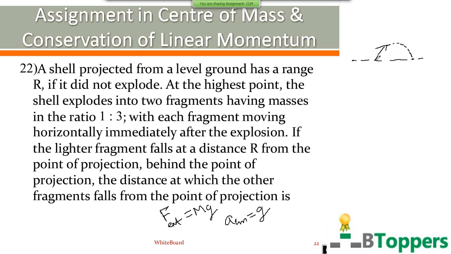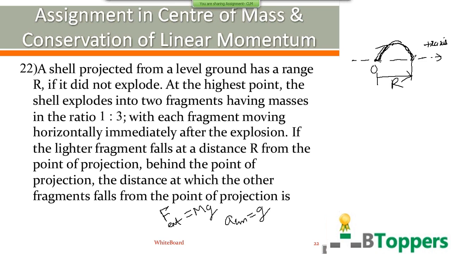If the shell does not explode, then it moves in a parabolic path under the influence of gravity and covers a horizontal range R. I choose the horizontal direction passing through the point of projection as the x-axis. Even if the body explodes due to the internal forces, the different parts may move in different directions, but the center of mass of all the parts continues to travel along the same parabolic path along which the unexploded body would have traveled.